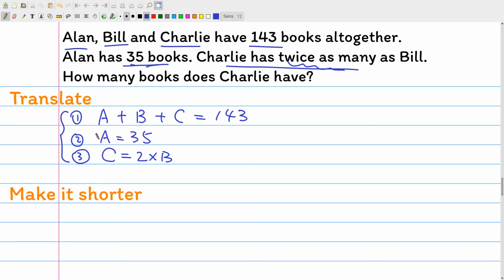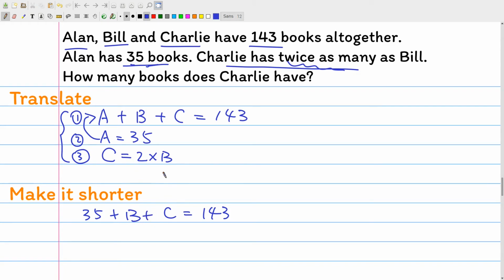We can use 35 to replace the A. Now the first sentence turns into 35 plus B plus C equals 143. Now we've made it a little easier, but we still have two variables in the first equation.